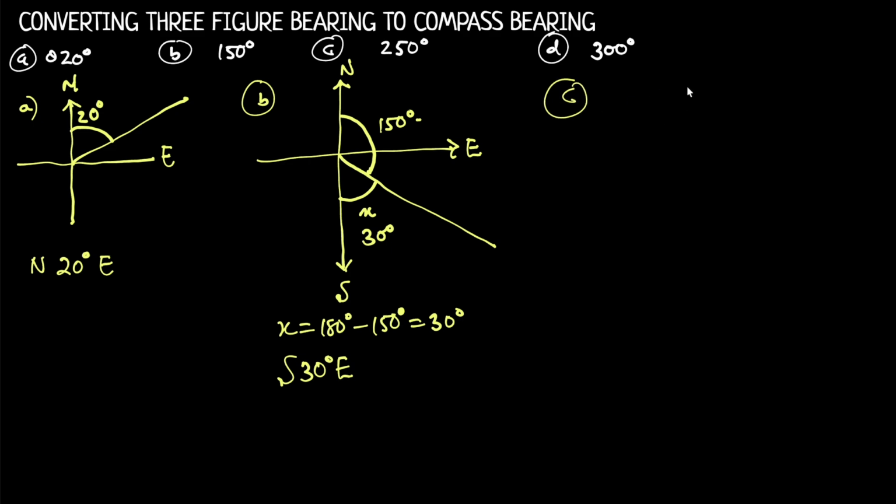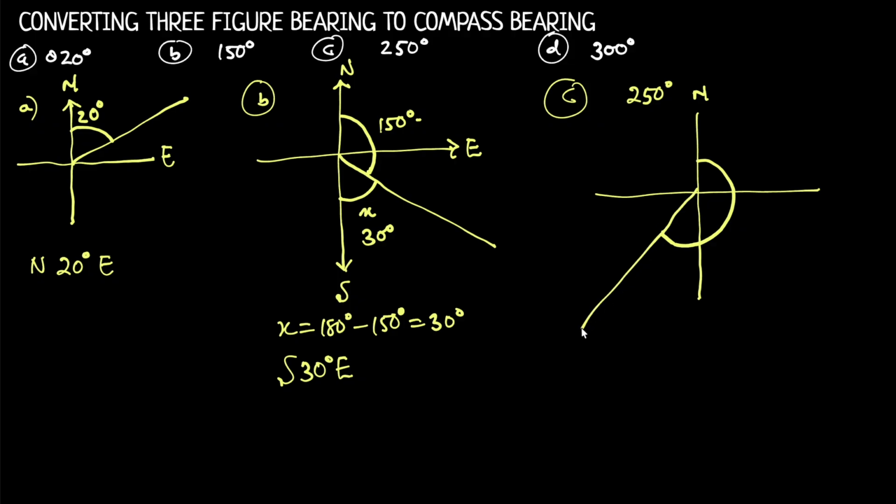Let's check for C. 250 degrees, three digits. Starting from the north, everything here ends at 90, everything here ends at 180, so we are still above 180, but everything in this quadrant ends at 270, so let me just stop here. And that marks 250. Remember, this is 270.